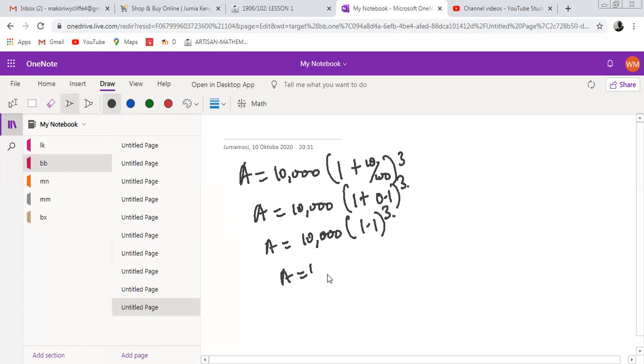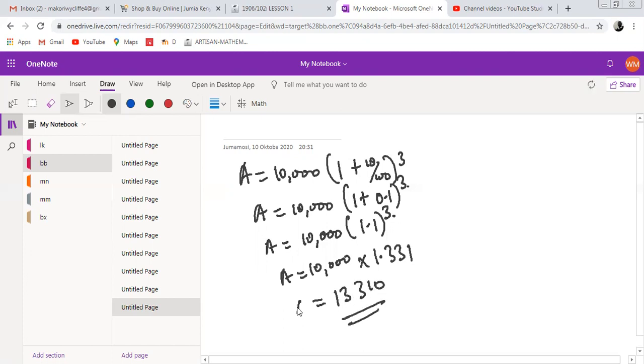Let us raise 1.1 power 3. 1.1 power 3 gives us 1.331. If you multiply that, it is going to give you 13,310.